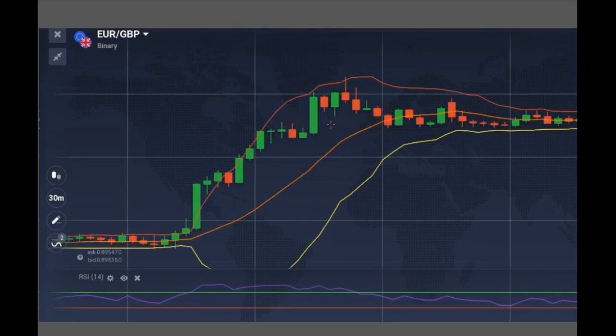You want the price to close outside the Bollinger Band, and then you want the price to cut back into the Bollinger Band again. Okay, then you want to see the formation of the confirmation candle.